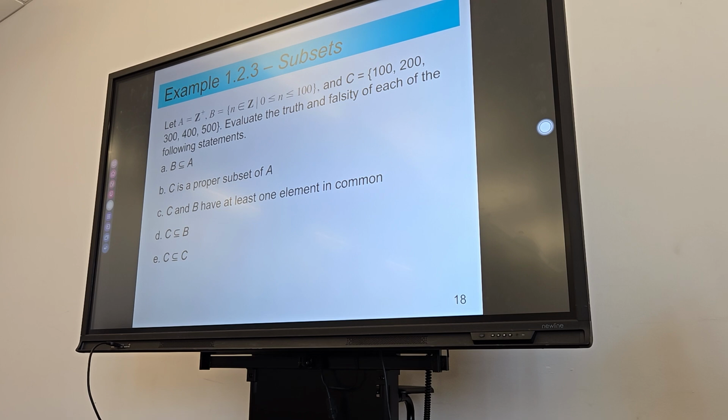No. Why not? B includes 0, which is not a positive integer. So B is not a subset of A. C is a proper subset of A. Is that true?